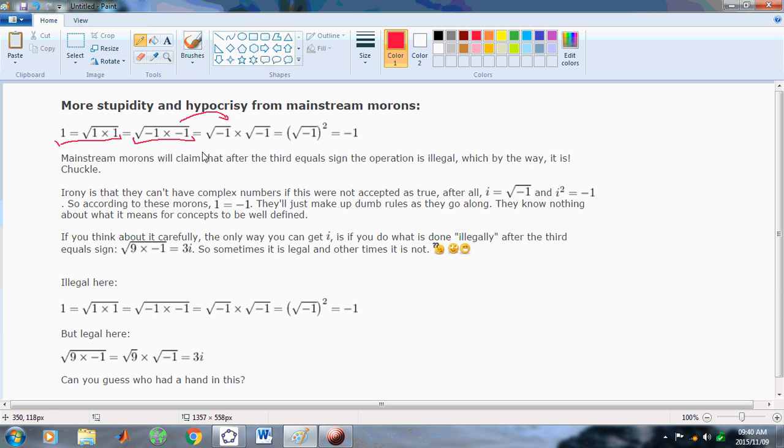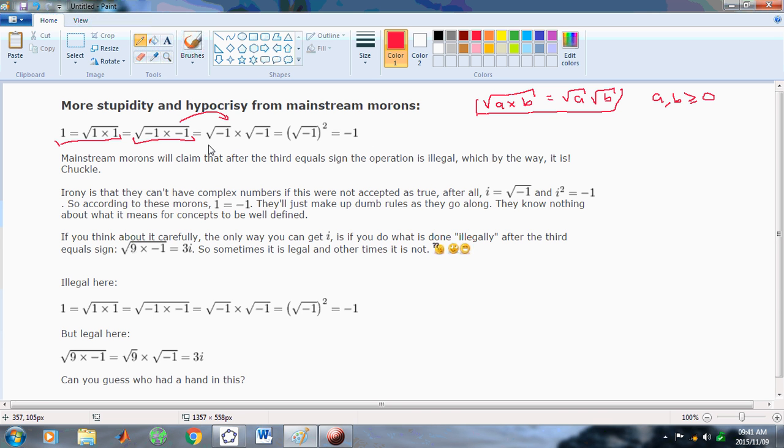It's invalid because this particular statement is only true if both A and B are greater than or equal to 0.